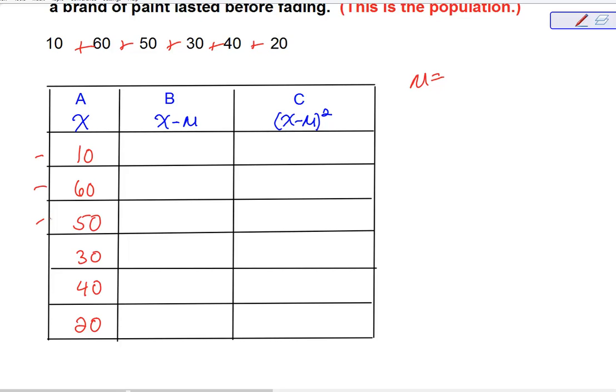We have 1, 2, 3, 4, 5, 6. So n is going to be 6. So I have 10 plus 60 plus 50 plus 30 plus 40 plus 20. That is going to be 210 divided by 6. So my mean is 35.